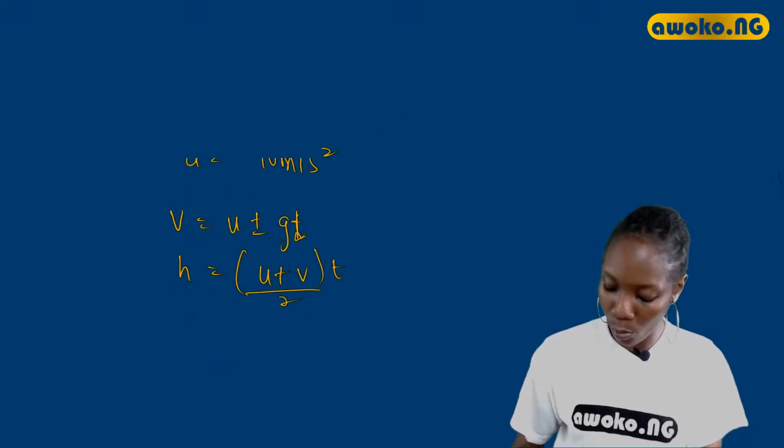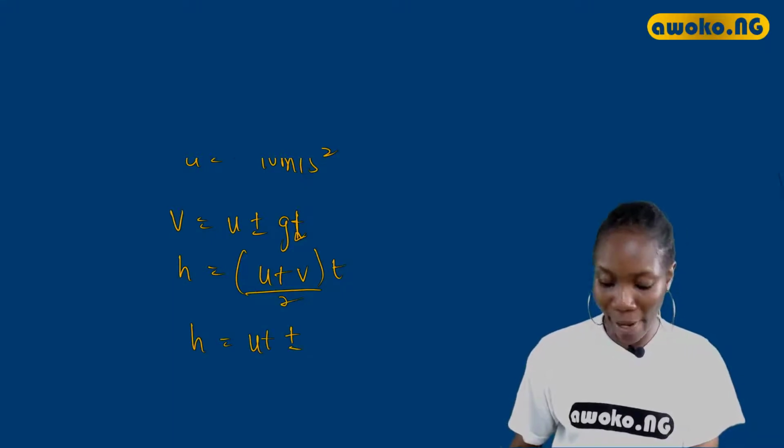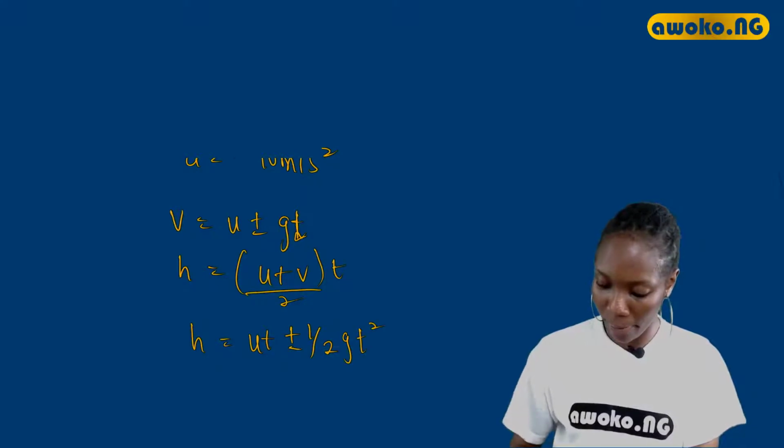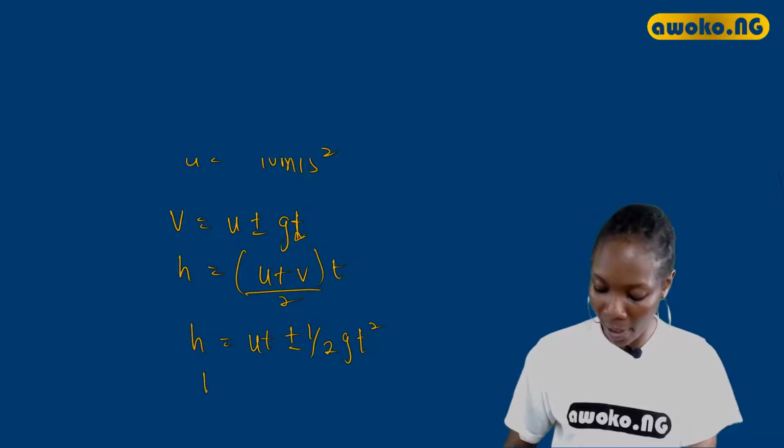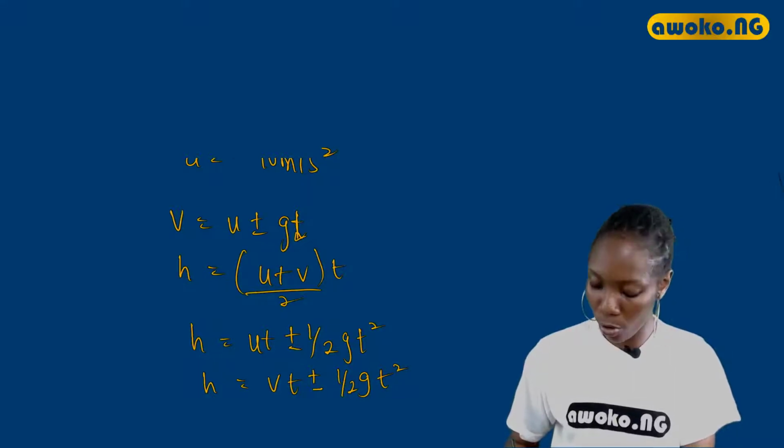Then the other one will be h equals ut plus or minus 1 over 2 gt squared. This is 1, 2, 3. Okay, then the fourth one will be h equals vt plus or minus 1 over 2 gt squared. That's 4. We have 5 equations of motion, so it's remaining 1.